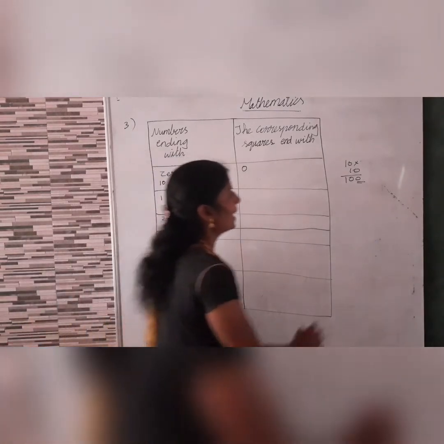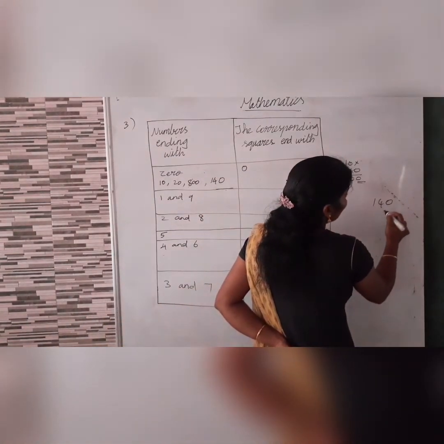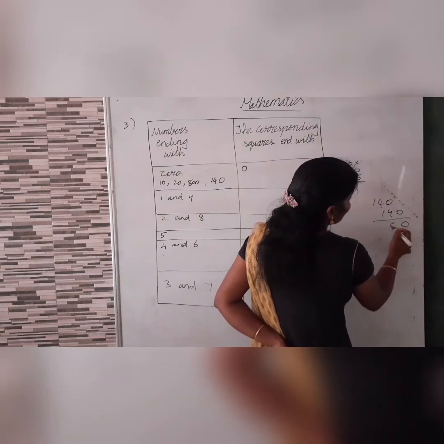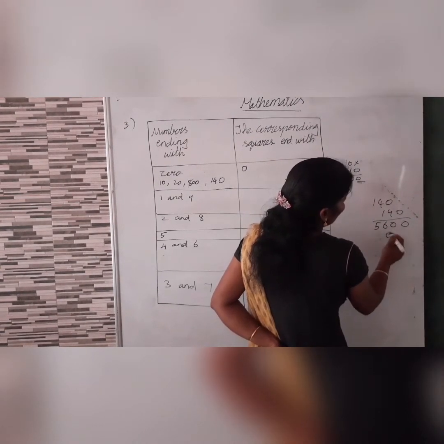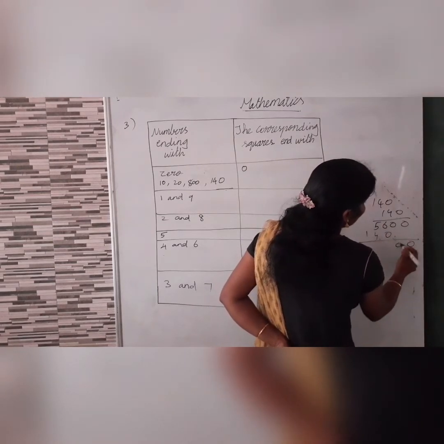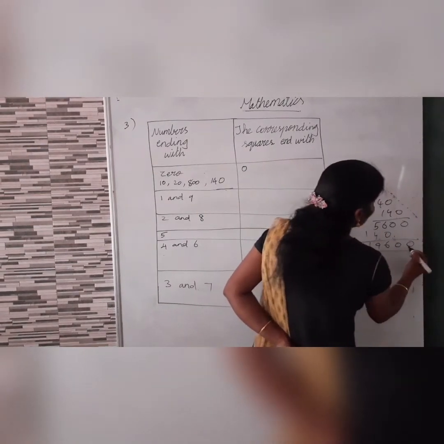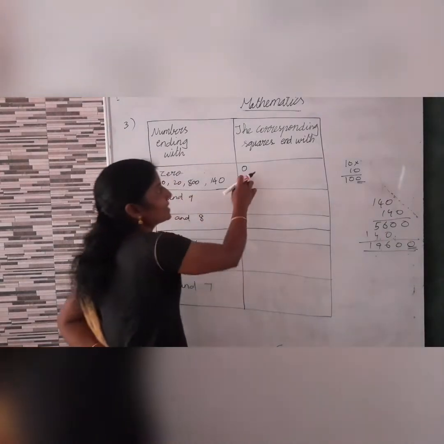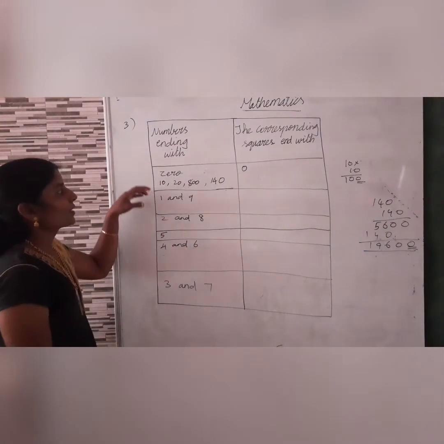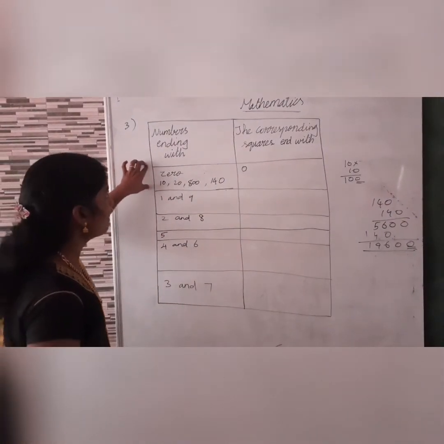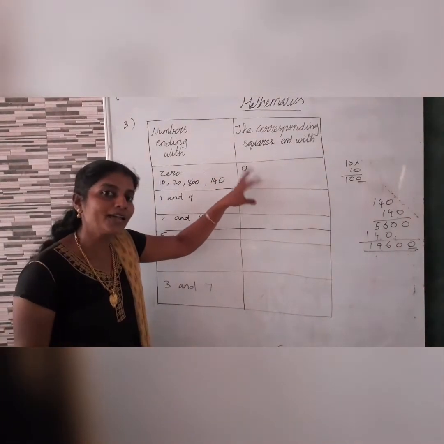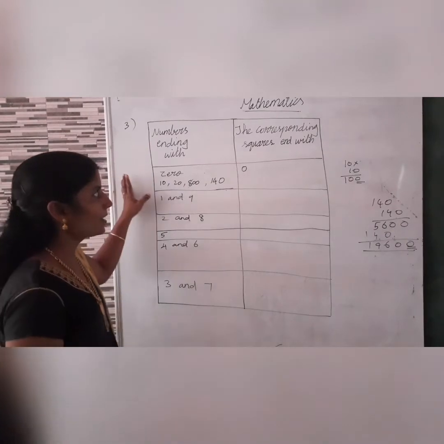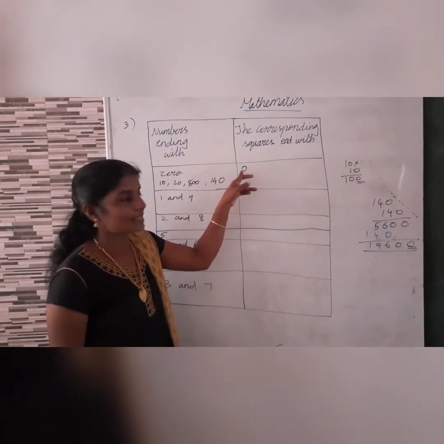Now you check 140 into 140, the ones digit is 0. Are you clear? If you write any number ending with 0, the corresponding square also ends with 0.